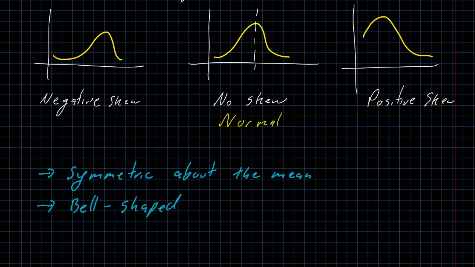The normal distribution is often described as being a bell-shaped distribution. It has a central peak and it tapers off in each direction.